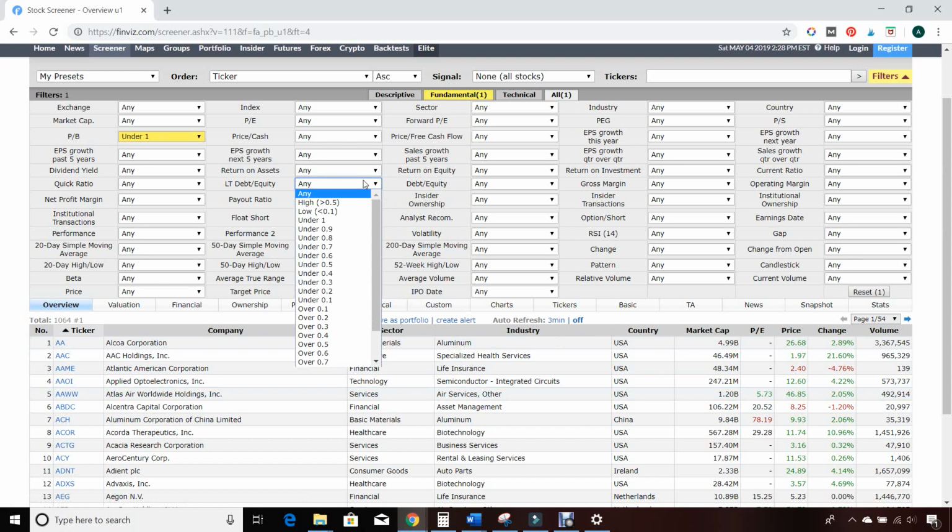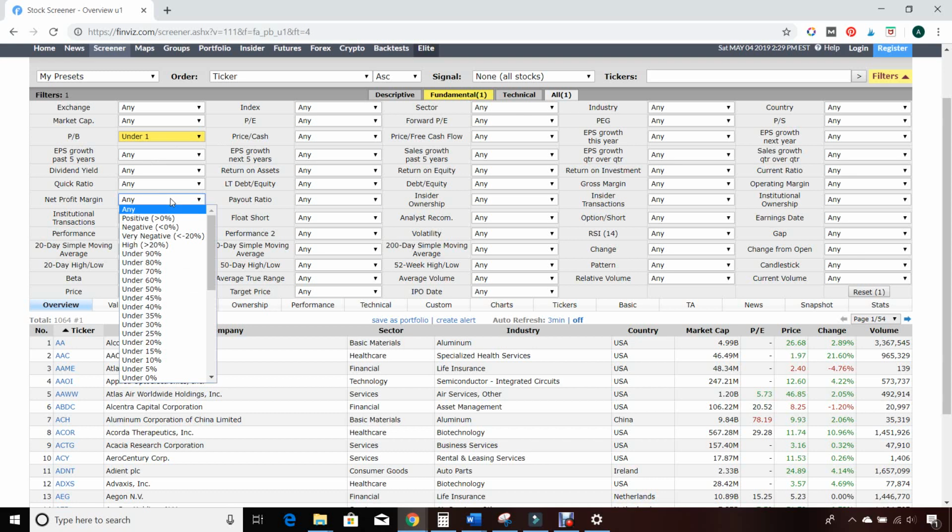Another thing I like to do is look for stocks that don't have too much debt on their books. So something else you can do is check the box for debt to equity. And obviously, a lot of times when companies are trading below their book value, they're actually not profitable, meaning they're generating losses.